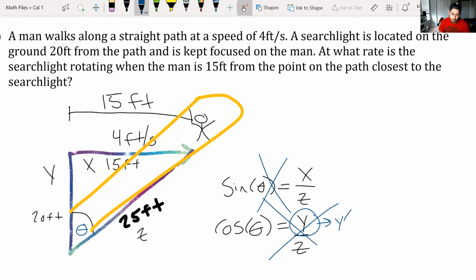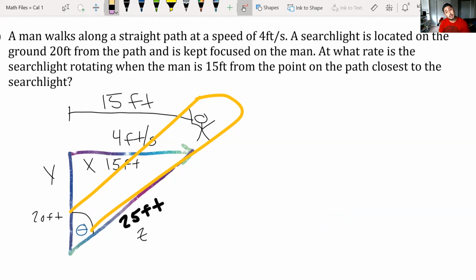So none of this is going to work either. Let me just erase all this. We can come down to one more function, which actually might work. Let's try tangent of theta. Tangent puts opposite over adjacent. That looks like it covers the whole area, because opposite over adjacent covers the base of the triangle and the height of the triangle.